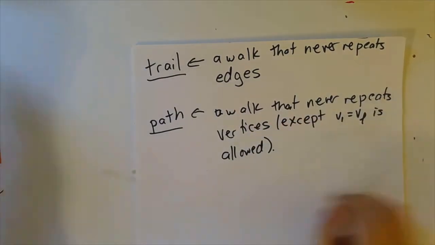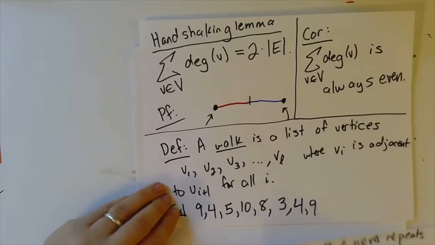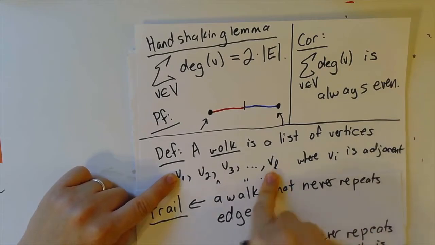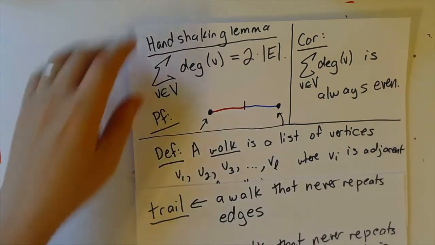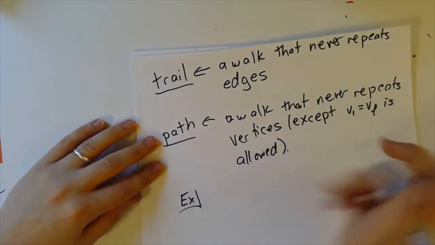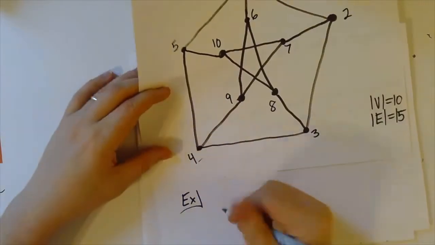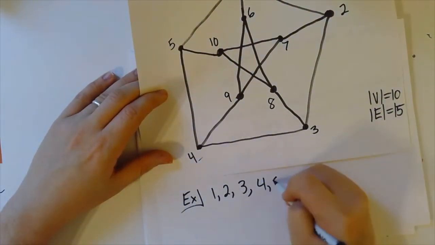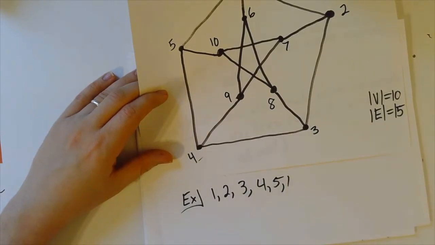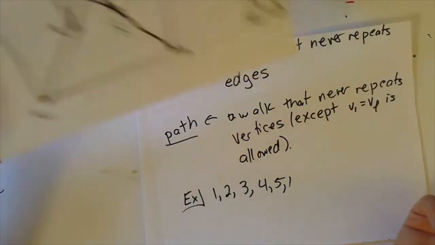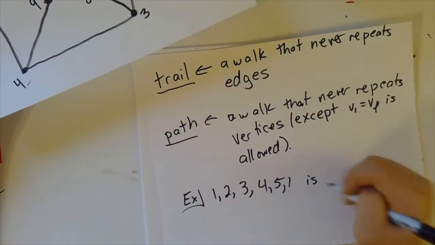And so here I'm using the notation from before. V1 is the first vertex in my walk, VL is the last one, so I'm allowed to go and repeat that. So for example, I could go around this circle, 1, 2, 3, 4, 5, and back to 1, and that's corresponding to this. This is both a trail and a path.